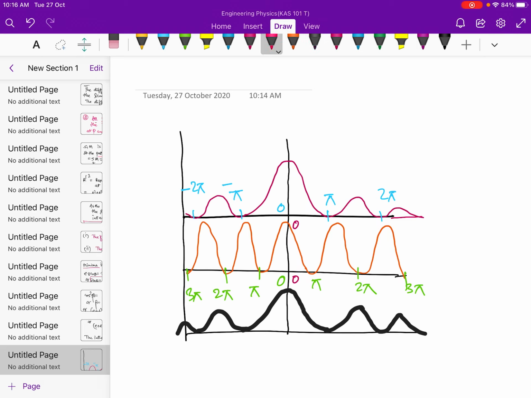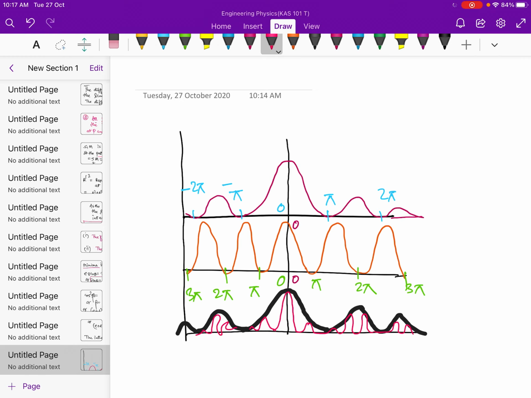Where the individual diffraction pattern will enter into it.